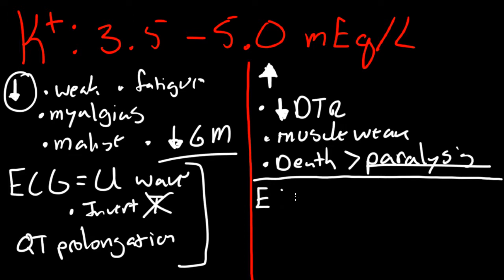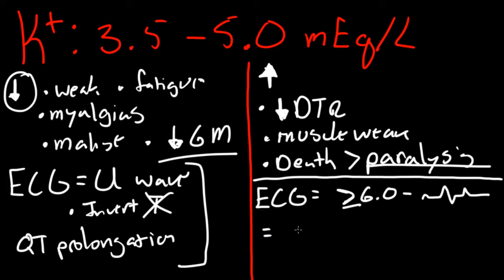So ECG changes. A lot of the literature states that a concentration greater than 6 milliequivalents is when you would start seeing peaked T waves, okay? So when you're doing your assessment and you see these peaked T waves, you could possibly assume that their serum concentration is greater than 6.